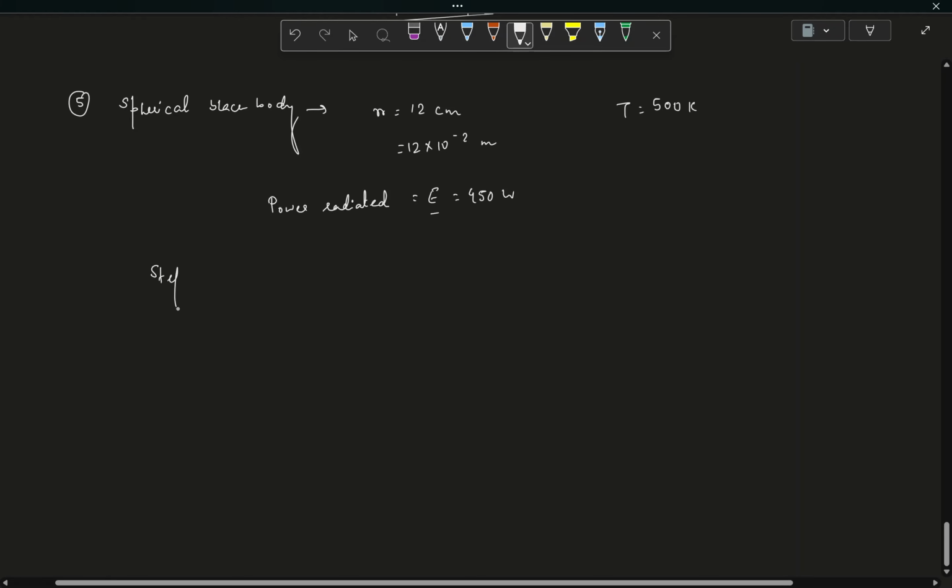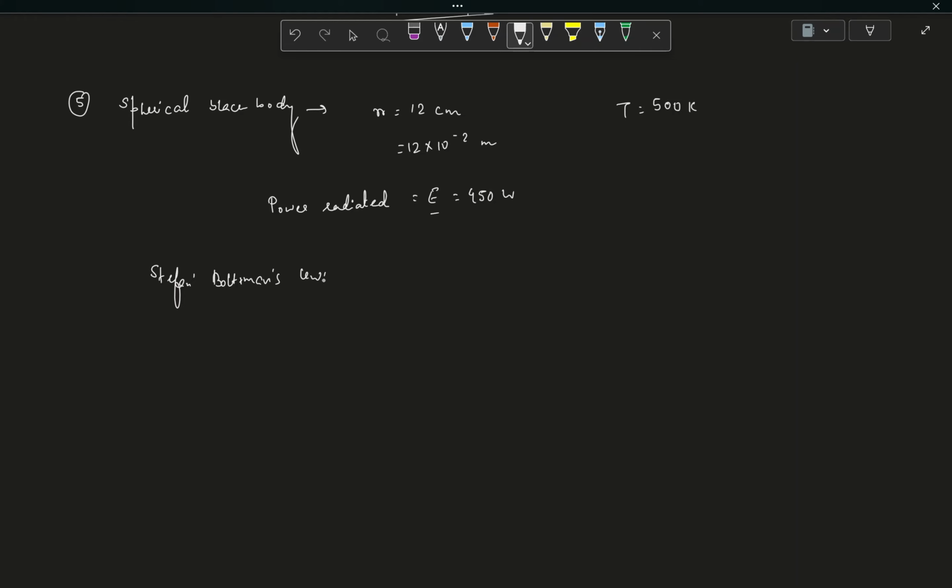So as per Stefan-Boltzmann's law, we know that E equal to epsilon A sigma T to the power 4. Now because it is said that it is a black body, so we will consider our epsilon to be 1. Okay, so then it is just A sigma T to the power 4. A is the surface area and sigma T to the power 4 is the energy per area per time. So when you multiply that by area, you are getting energy per time.